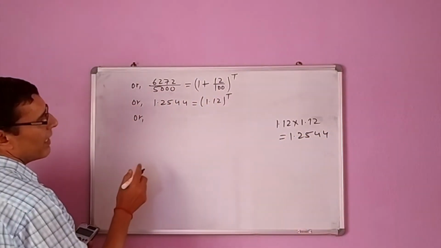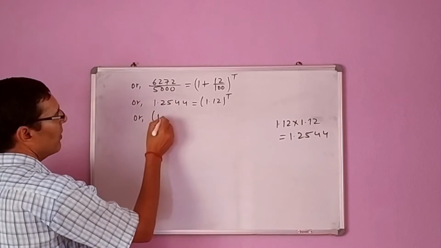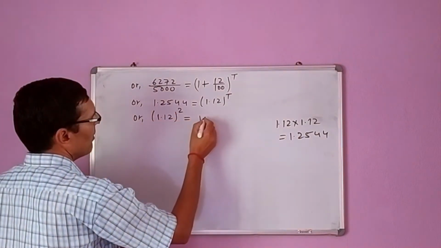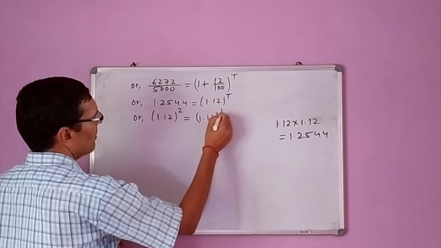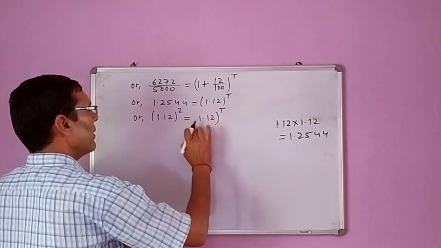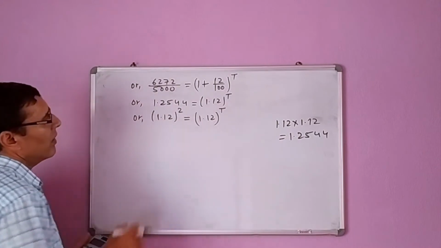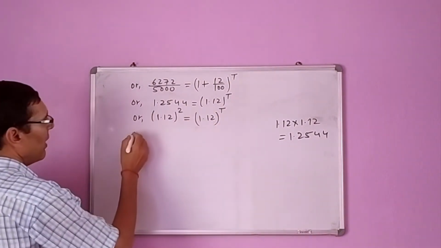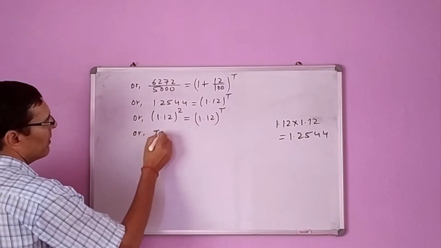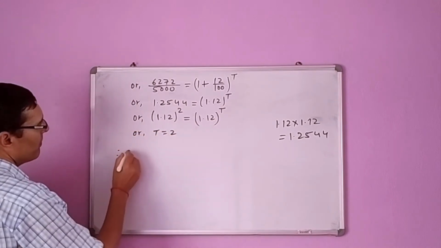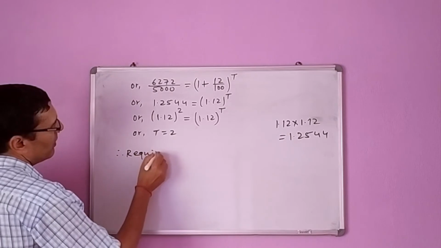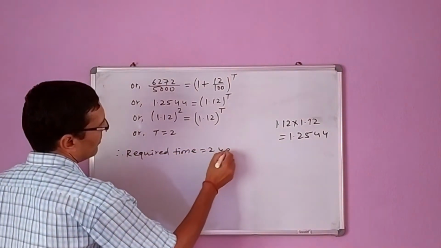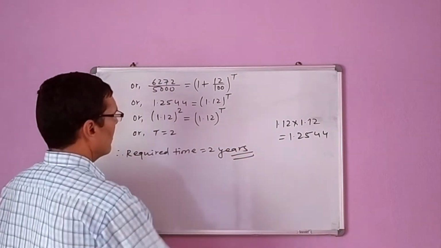So this left hand side can be written as 1.12 whole square. On the right hand side we have 1.12 to the power t. When we have the same base on both sides, we can equate the power. Therefore t is equal to 2. Therefore required time is 2 years. So this is the answer.